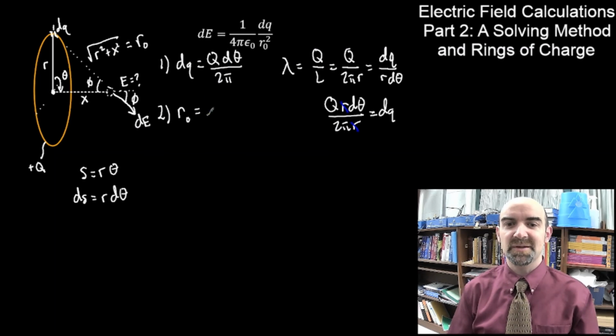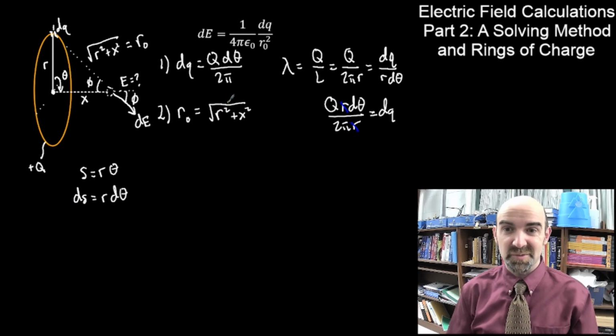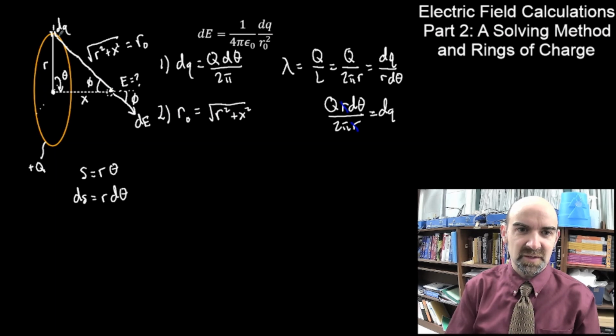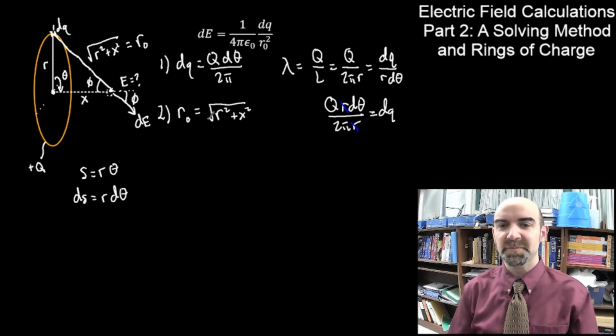So that's our R naught, the defined R and X. I said earlier on when we talked about the line that there's going to be a bunch of R's involved. So this is kind of where it becomes a little quirky. That's why I defined it R0, like R naught. What is that going to be? That's this length between the position of the electric field and that little piece of charge dQ. All right, we got dQ, we got R naught.